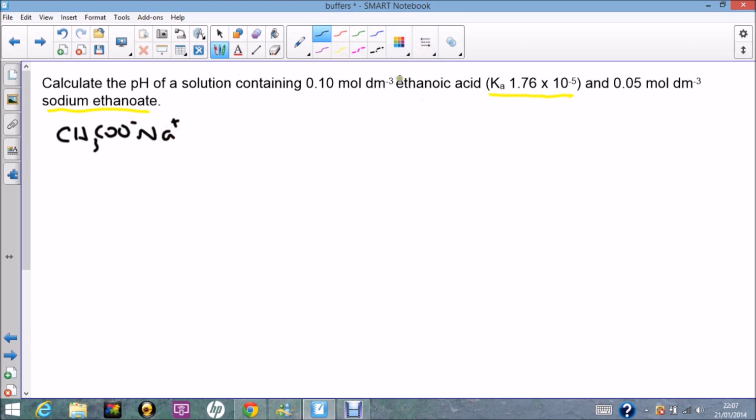So what we've got here is an acid and its salt. So now you should be thinking buffer equation. Remember that the metal is unimportant because that's not involved in the buffer equation, so we can essentially ignore it. And there we have our conjugate base of the acid that's up here. So if we're thinking buffer, we'll be using the Ka expression.